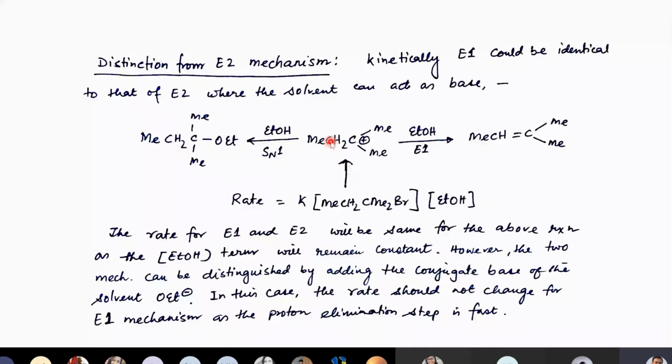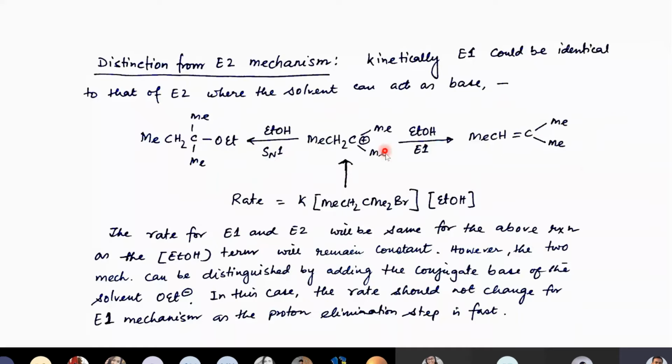So this is your beta carbon. One of the hydrogens goes from here and you get a double bond here. The second possibility is the ethanol, which can also act as the nucleophile. So this ethanol can attack here as an SN1 mechanism. We will not discuss this one now, but we will mainly focus on this part.